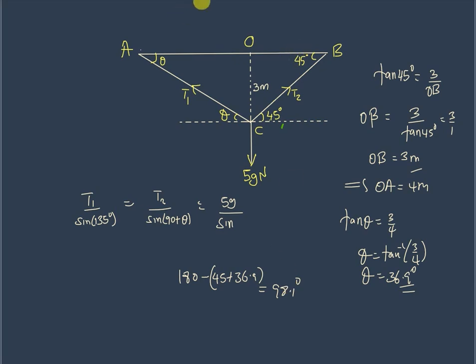The angle I'm talking about is this angle here, that angle. So we have 5g divided by sine of that angle, so it is now sine of 98.1 degrees. And you remember what we talked about, sine of 90 plus theta is the same as the sine of theta.